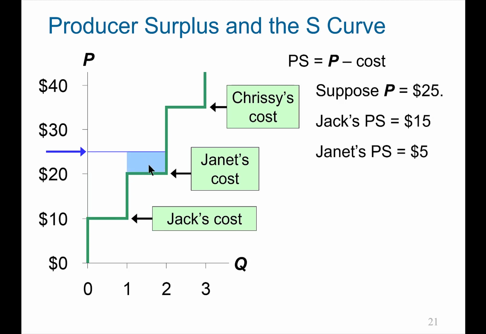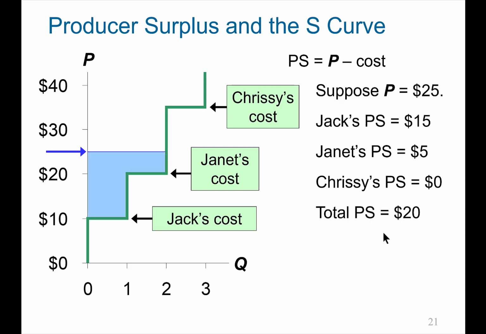Her producer surplus is smaller, 25 minus 20, so it's only $5, but she's still better off by doing it than not doing it. Chrissy's not joining in though. So Chrissy's producer surplus is 0 because it's not worth it for her. So therefore we have total producer surplus from all participants in the market at a price of $25, which is Jack and Janet, at $20.